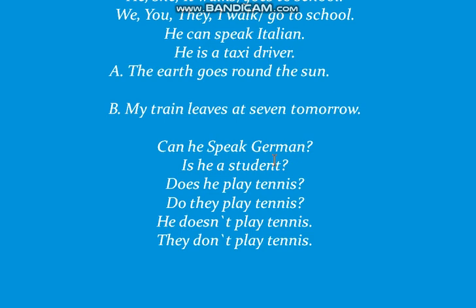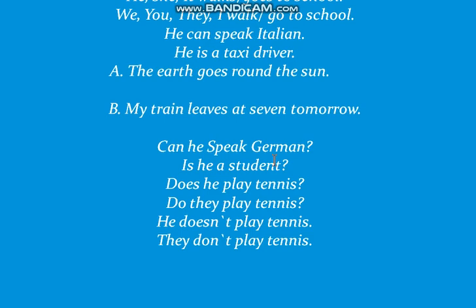And for negative form, again, if your sentence has a helping verb, what you need to do is just add not after the helping verb. He can speak German. The negative form would be he can't speak German. He is a student. He isn't a student.